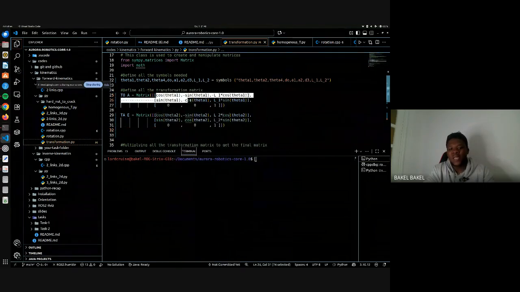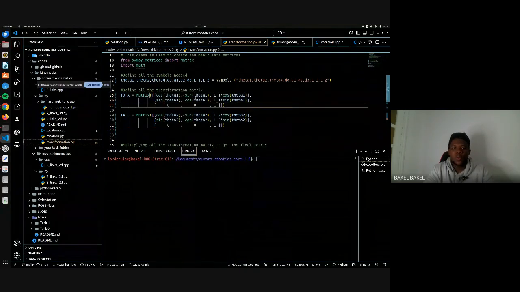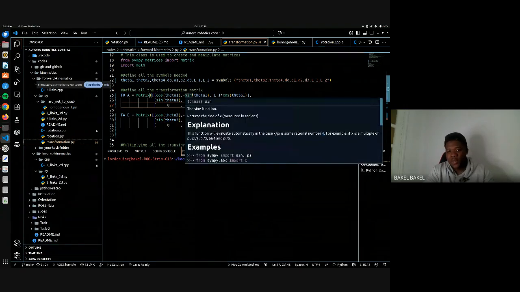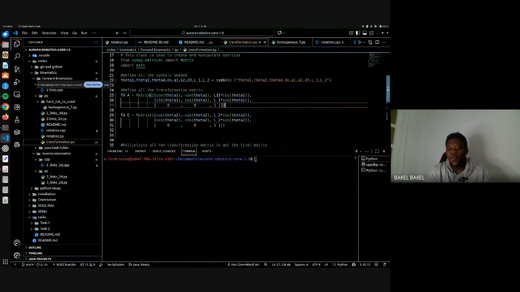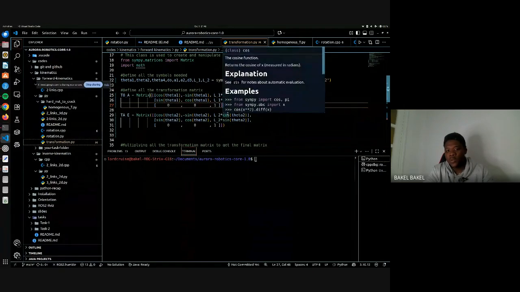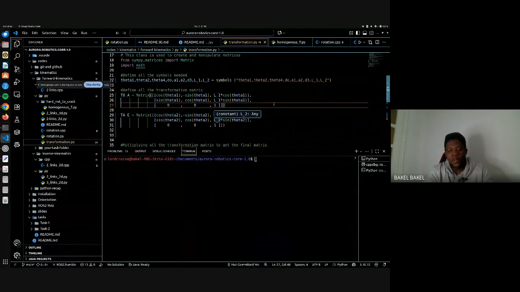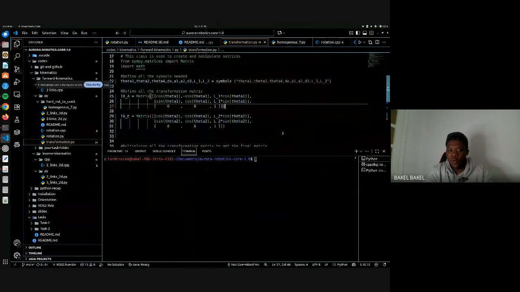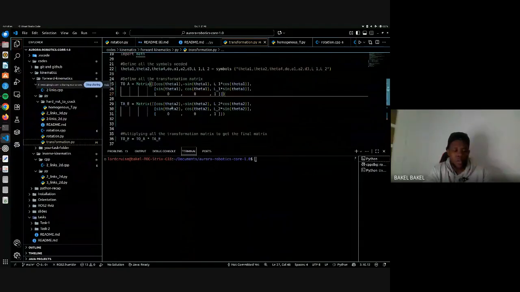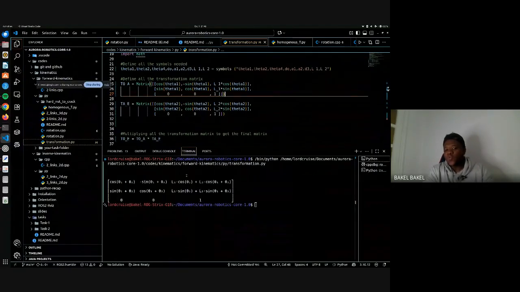This matrix is exactly the matrix we used. It's just a bit scattered. If you look at sine theta 1, minus sine, cos theta 1, and then L1 cos, L2 cos, L2 sine, all of that. It's pretty straightforward. The rest of all these things, I documented so you can see how to run it. So this doesn't really solve directly. It just gives you the transformation matrix that you need to solve.